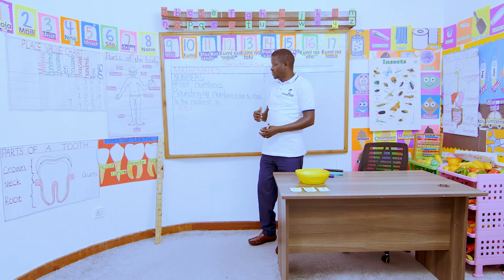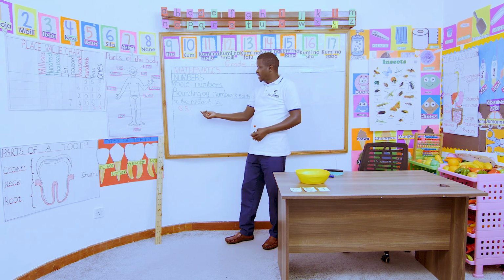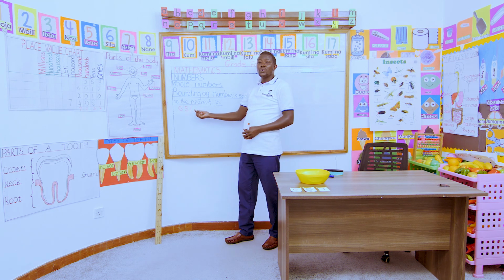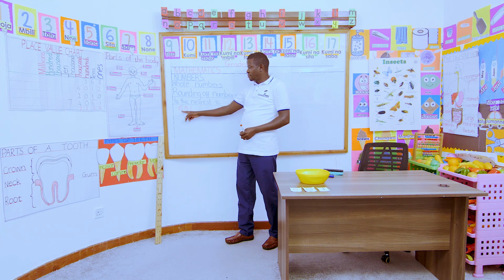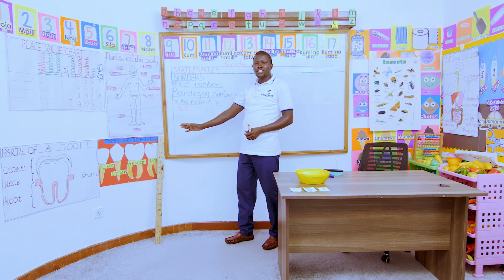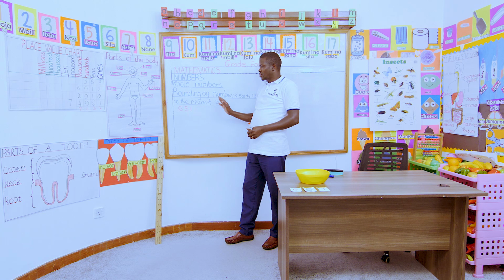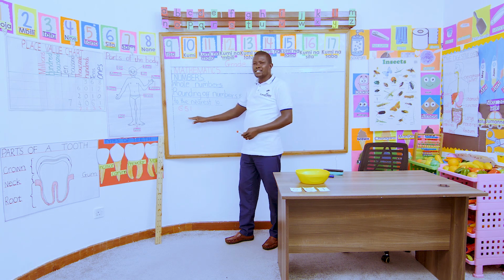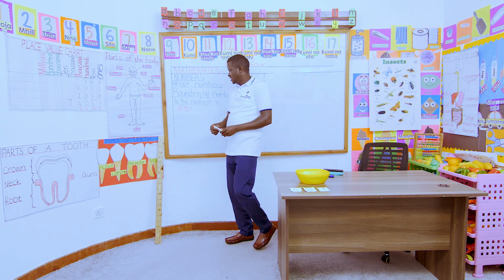From our previous lessons, we were looking at which ten the number is near. As we look up here, we have 650 and 660 because the number is between 650 and 660. So now, this number is nearer to which ten?